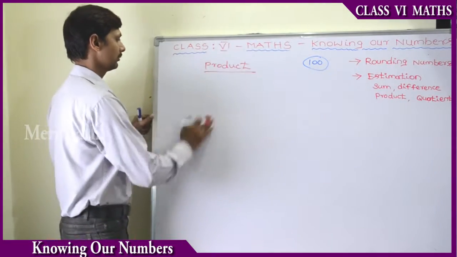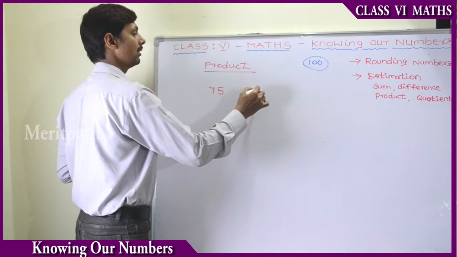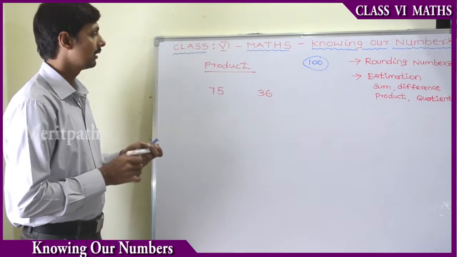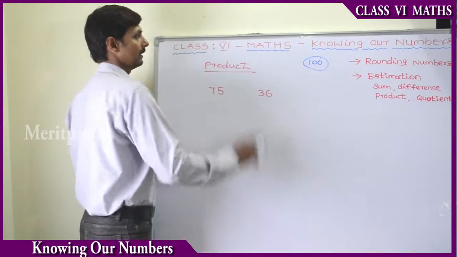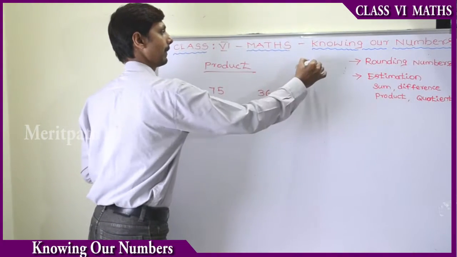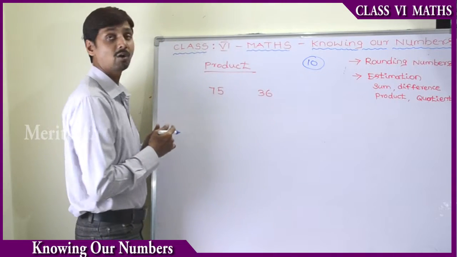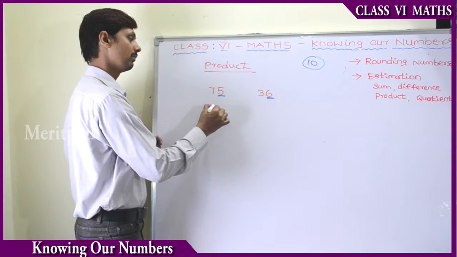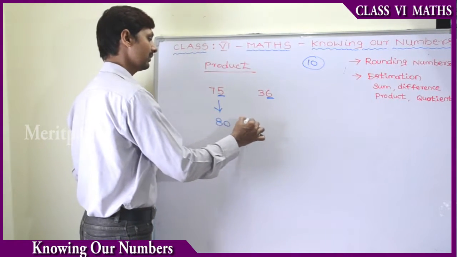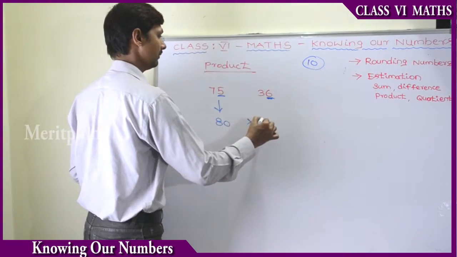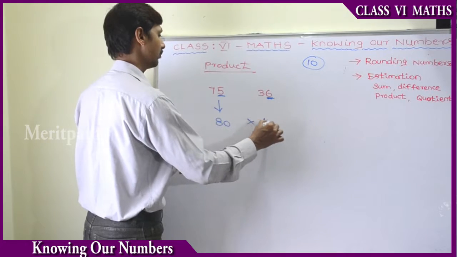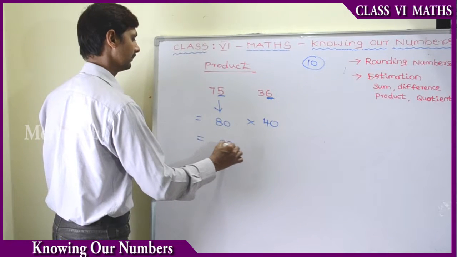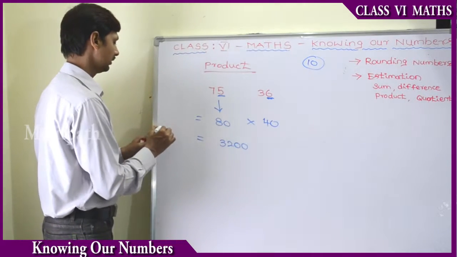Let's take the two-digit numbers 75 and 36. Let's round these numbers to the tens. 75 goes to the next number, that is 80, and 36 rounds to 40. By estimation we'll multiply these both numbers and we'll be getting 3200. So this is the estimation.